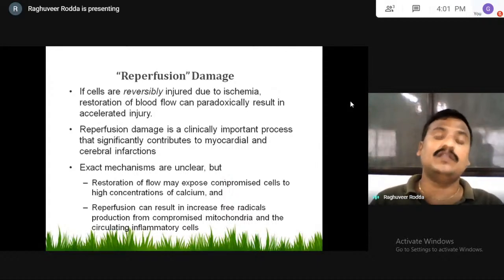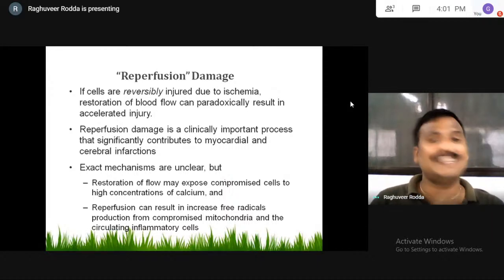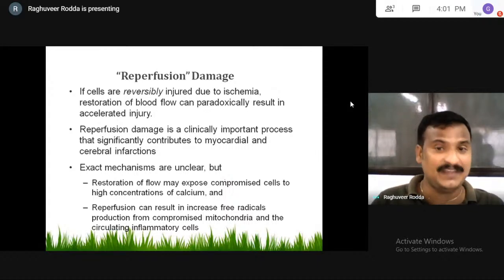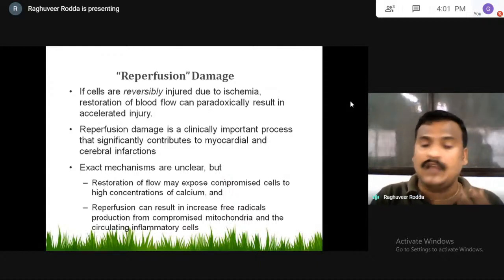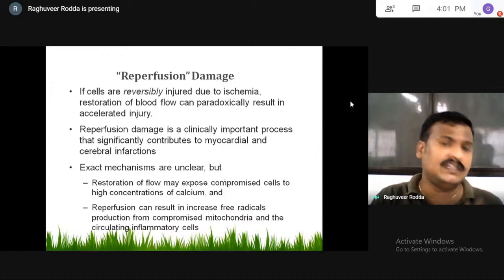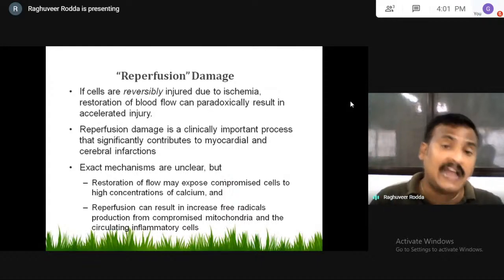For example, when the heart is affected by ischemia, improper perfusion, it will undergo certain injuries characterized by pain in the chest region. But then all of a sudden, that ischemia is reversed by sudden high perfusion.